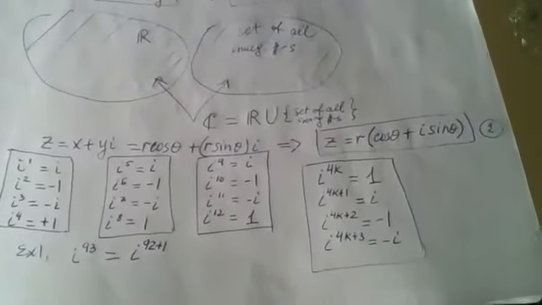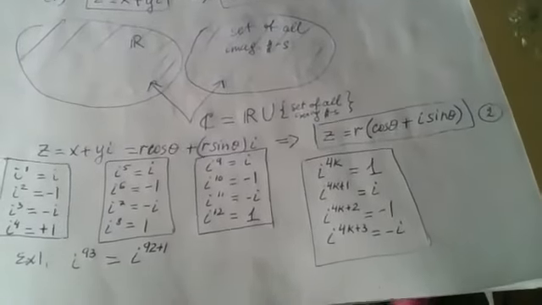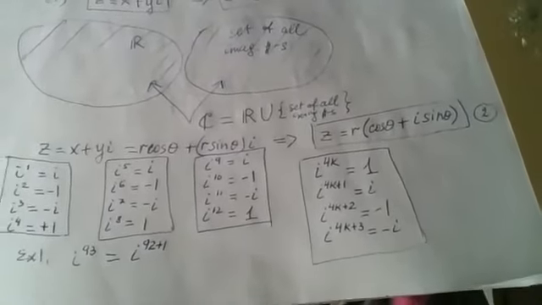Is it matching right now? i to the 4k plus 1. Yes, because 92 is a multiple of 4. What would be the answer here? What do you have for i to the 4k plus 1? Is it i? Yes. That's it. You solved the problem.